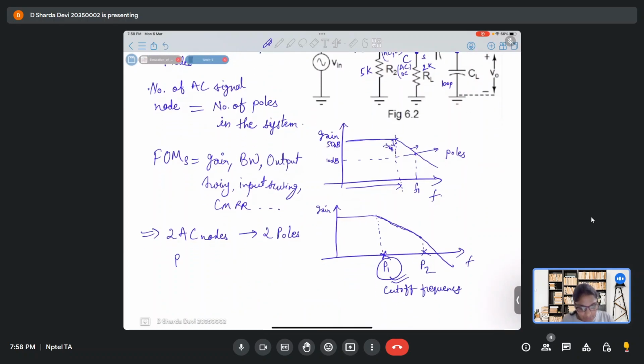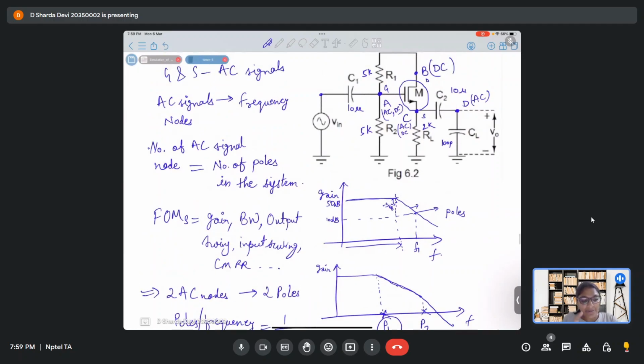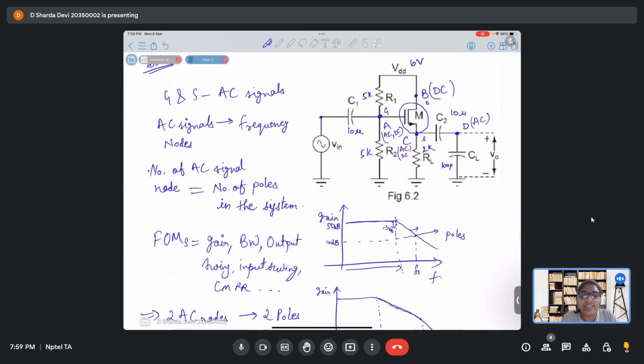Because poles or frequency, when we say, its value is actually 1 upon 2 pi RC. So जिस node पे you are considering, at that particular node you have to see the net capacitance coming to that node, or you can view from that node, and the net resistance you can view from that node.